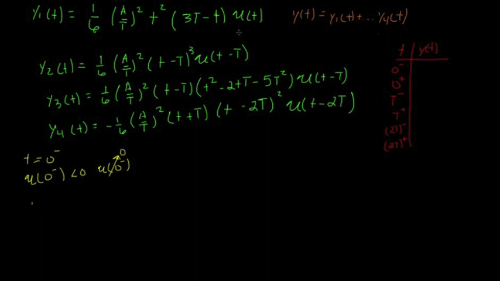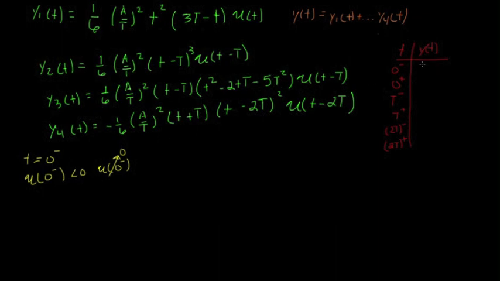That means all of these terms are equal to 0, because u of 0 minus minus T goes to 0, and since it's multiplied by each of the functions, every term goes to 0.